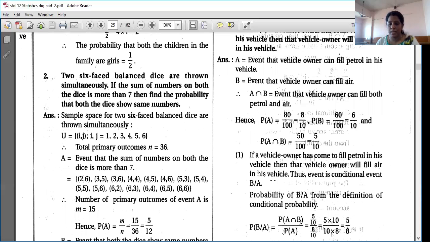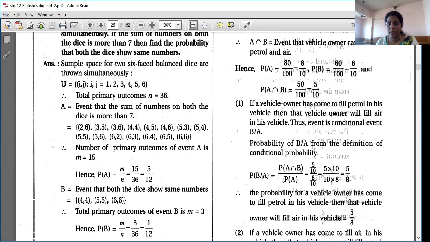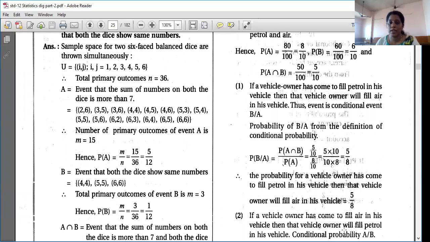So B by A. P of B by A is equal to P of A intersection B upon P of A. A intersection B is 5 by 10 and P of A is 8 by 10. 5 by 10 upon 8 by 10 is 5 upon 10 into 10 by 8. The 10s cancel, so 5 upon 8. So the first answer is 5 by 8.